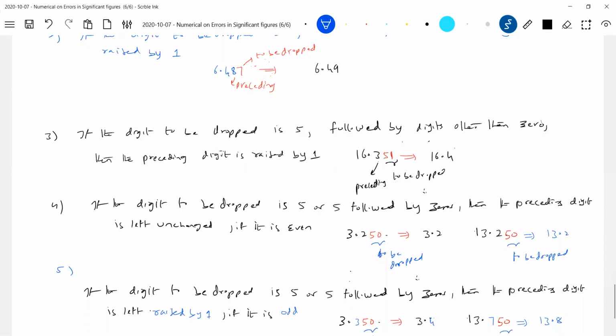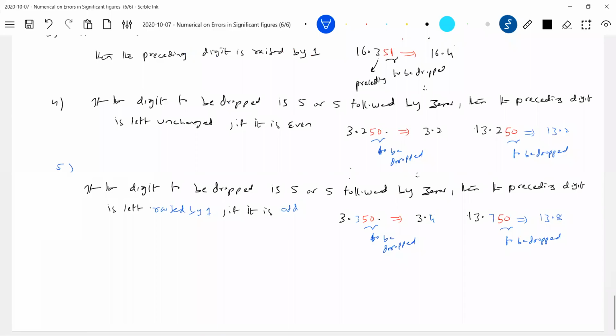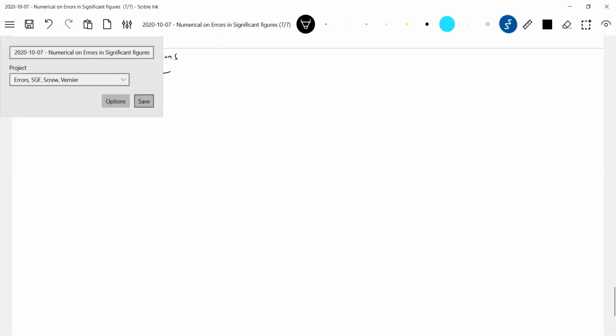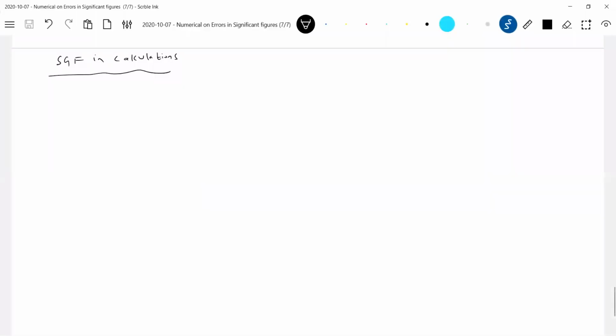Okay, now again, in calculations, what we have to follow: significant figures in calculation. When we are adding, we have to search for the least decimal places.